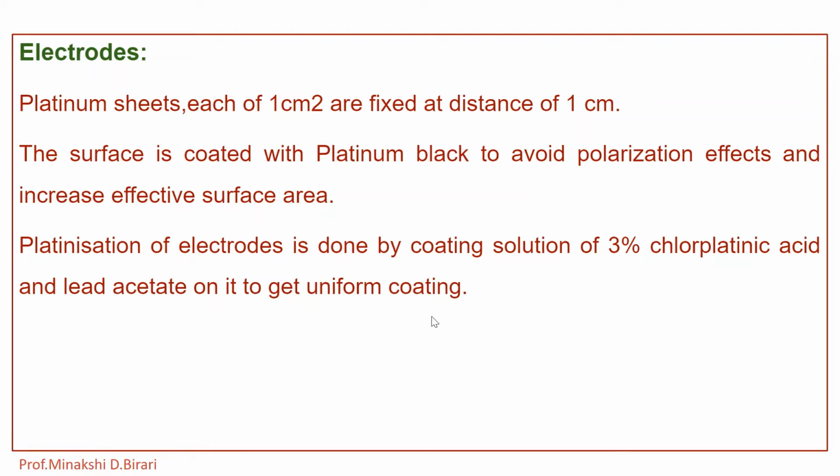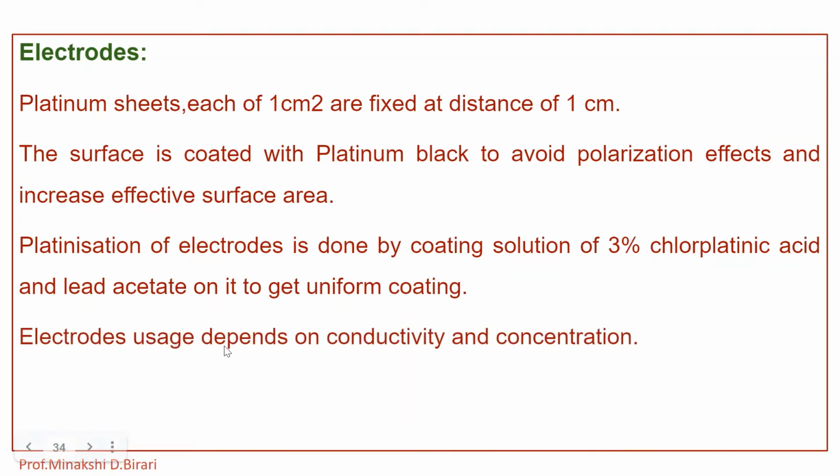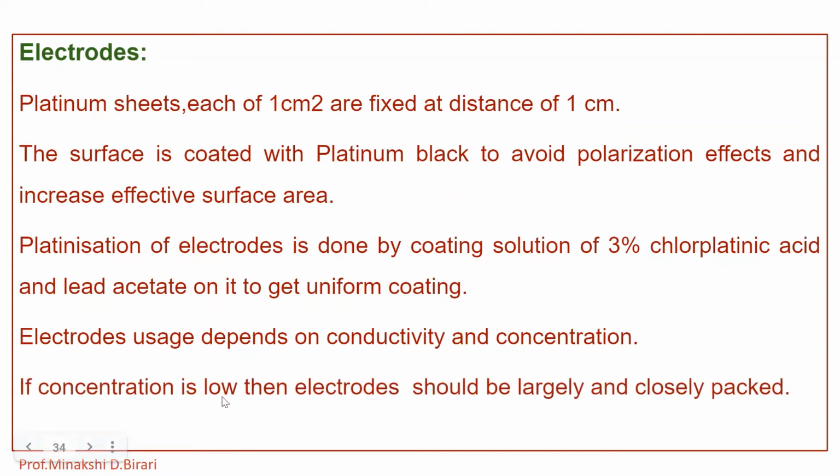The deposited platinum consists of very fine platinum particles that appear black, so the name is platinum black. The electrodes used depend on conductivity and also on the concentration. If the concentration is low, then the electrodes should be large and closely packed.